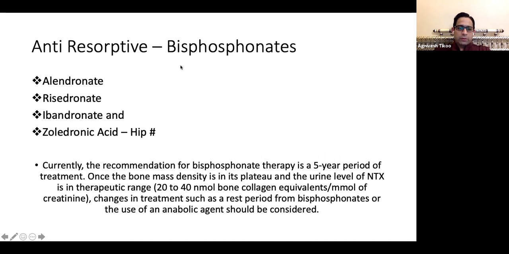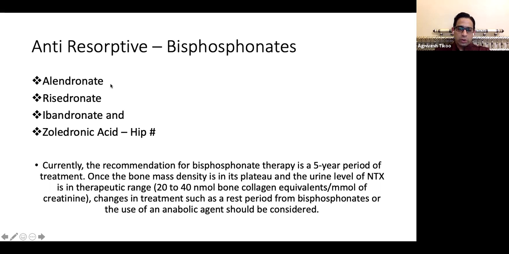And coming to the bisphosphonates, there are mainly 4 types which we use: alendronate, risedronate, ibandronate, and zoledronic acid. I'm not touching pamidronate because it's a different drug and mostly it's not included in osteoporotic treatments routinely. So the current recommendation is that after a 5-year period of these drugs, you need to give a treatment holiday, because 2 complications are there.